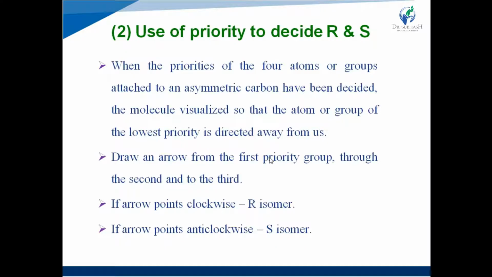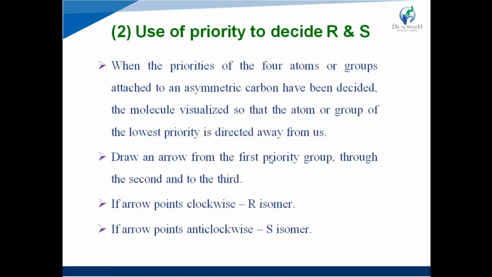So when the priorities of the 4 atoms or groups attached to an asymmetric carbon have been decided, the molecule is visualized so that the atom or group of lowest priority is directed away from us. So the lowest priority group should be away from us, or out of plane, right?